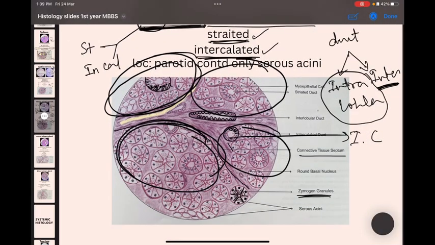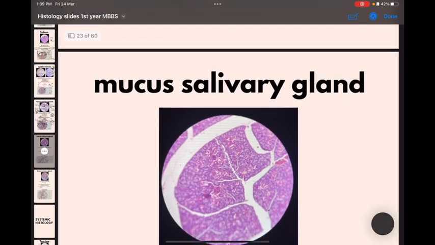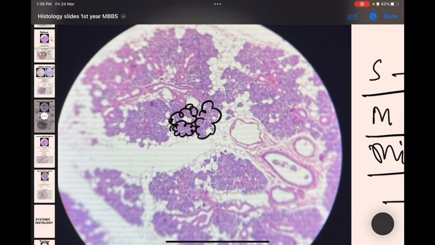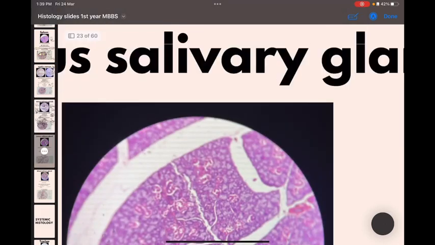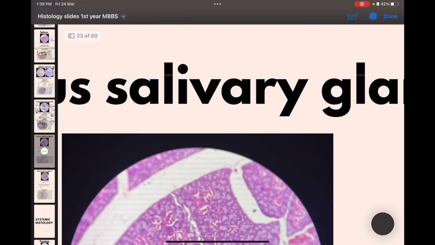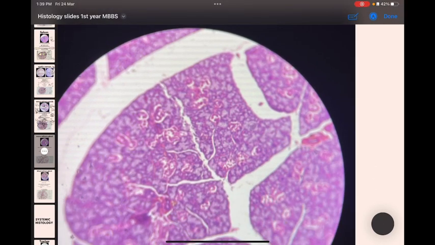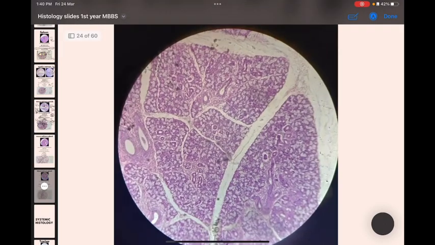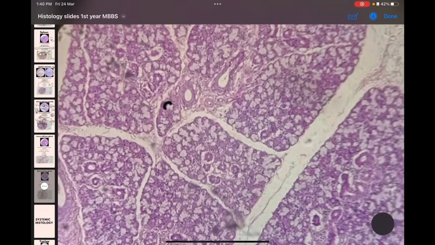Done. The next slide is the mucous salivary glands. So you can easily identify serous salivary glands. If there is any confusion, it comes between the mucous and mixed salivary glands. You can see the mucous salivary gland being darkly stained and uniform, whereas in the mixed salivary glands, you can easily see the serous acini also.